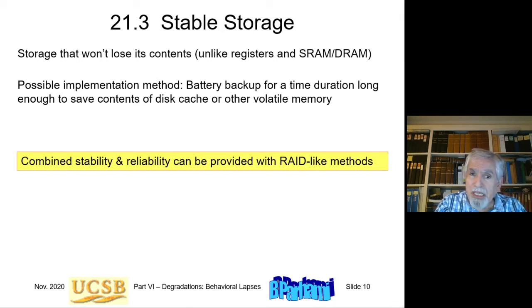If disk cache is DRAM, you don't want to lose the contents of disk cache because some changes in the disk cache may not yet be reflected in the disk itself. So provide battery backup so that if something goes wrong, you have enough time to write back the contents of the disk cache onto the disk and therefore not lose data before the battery runs out.